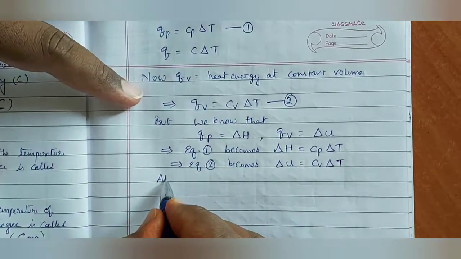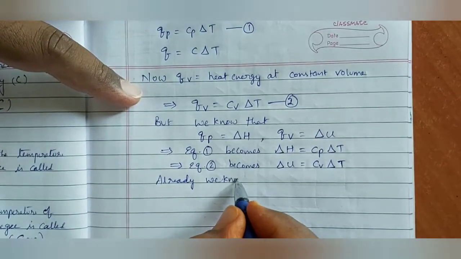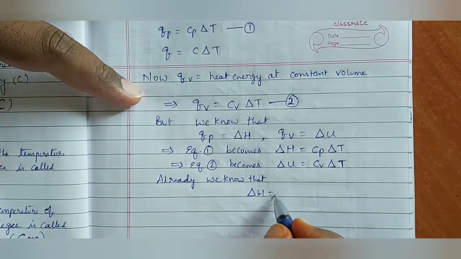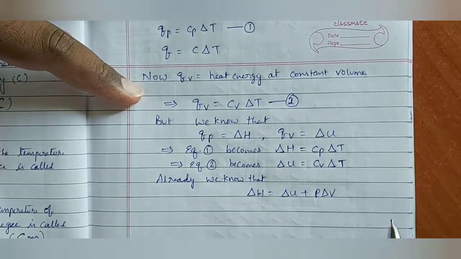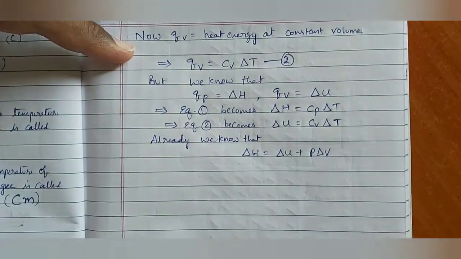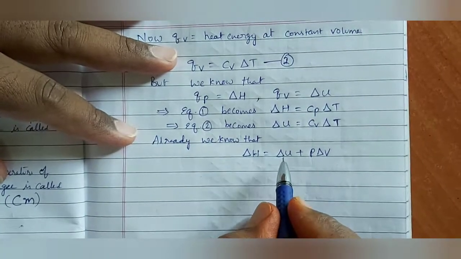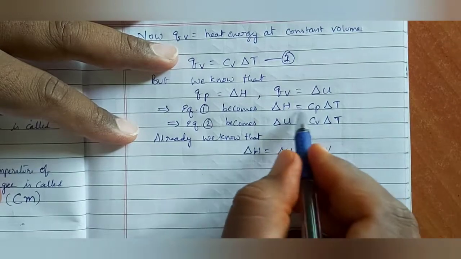Already we know that delta H is equal to delta U plus P delta V. What is delta H here?